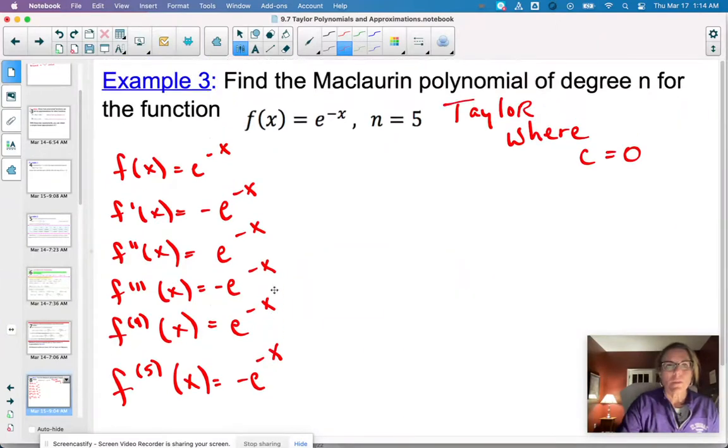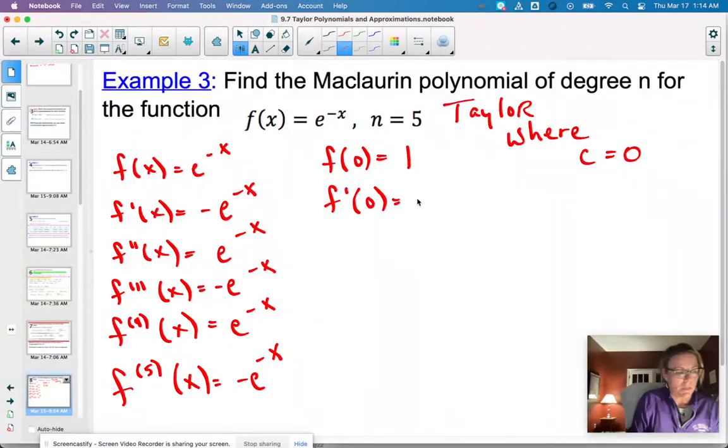Okay. And now I'm going to evaluate all of those at 0, because in this case, c is 0. That's what we're going to plug in for x. So f of 0 is 1. f prime of 0 is going to be negative 1.